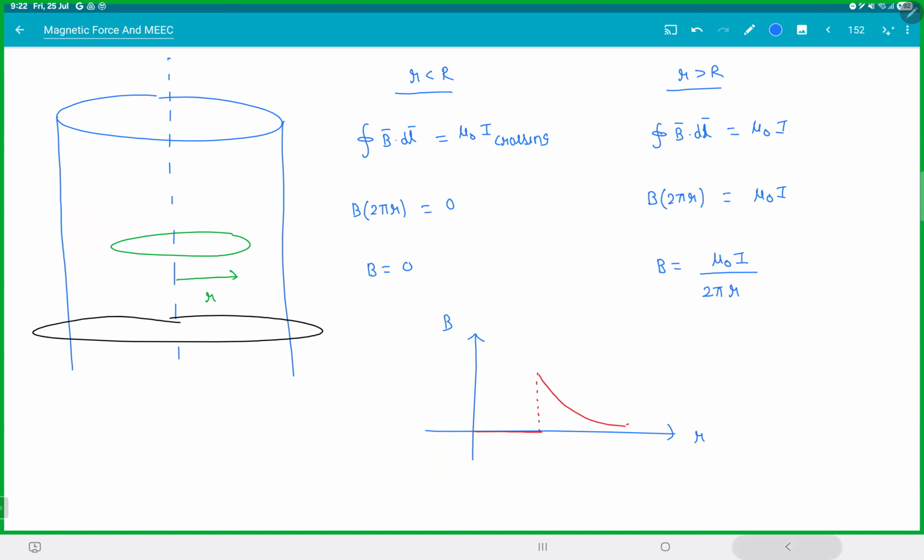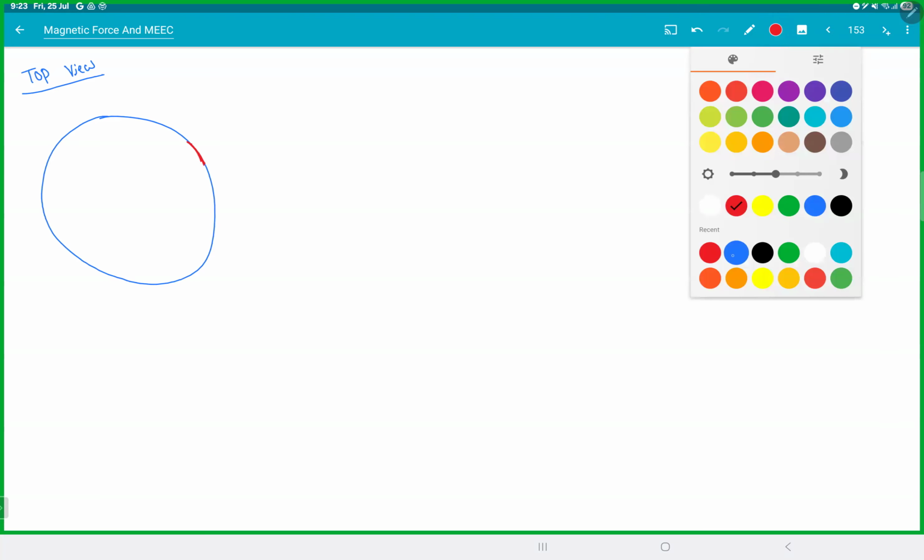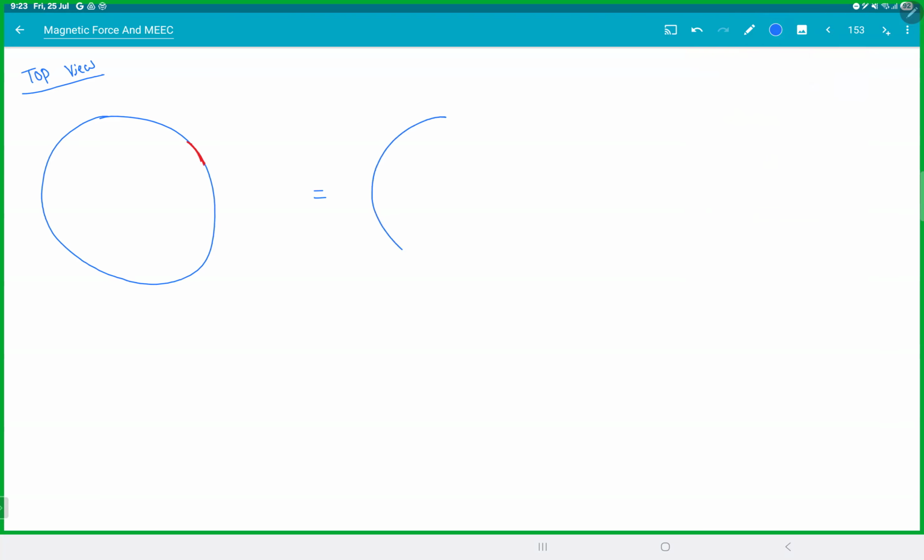Hmm. Let me show you a few things before jumping into the solving part. We should go back to the electrostatics once and check out all those things again. Let's say I take the top view, this is the full cylinder, right? Consider a thin slice here. So this will be equal to this gap here plus this thing here.